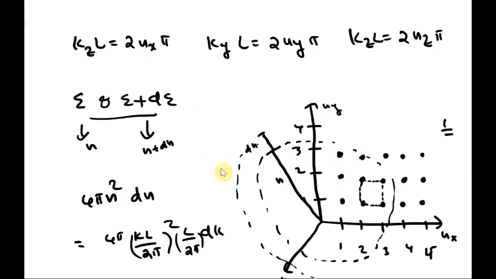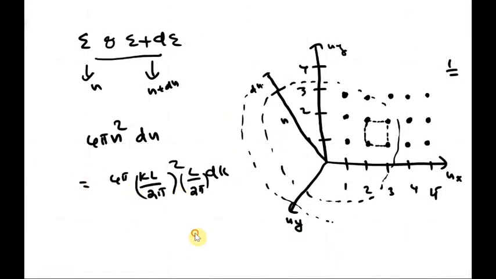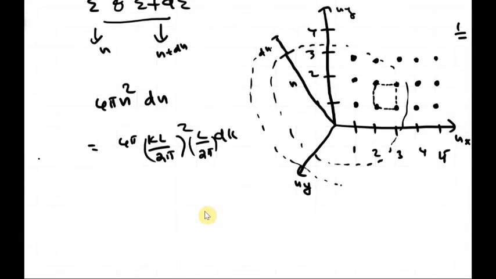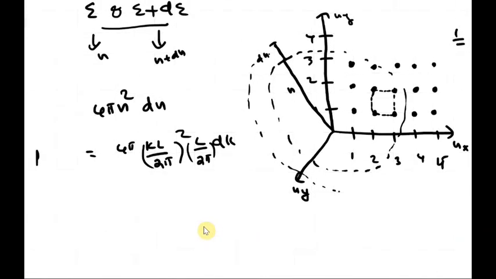So this is going to be the number of states in K space. I'll call this rho of k dk. But we know there is a one-to-one correspondence between k and E, so rho of E dE is nothing but rho of k dk.